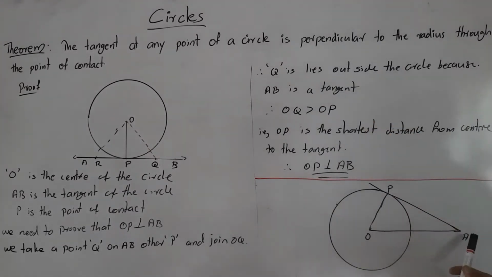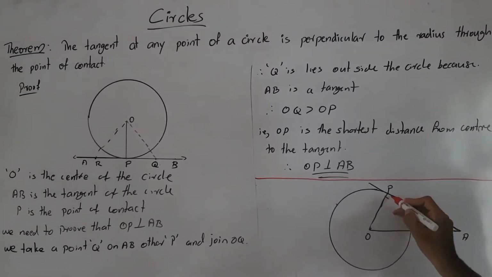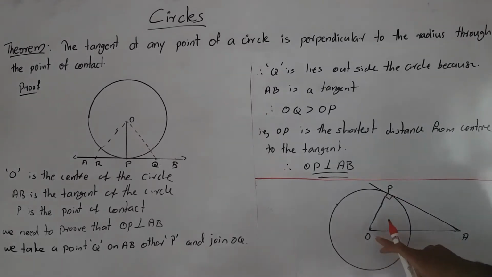What is that? The tangent drawn from the external point to the circle is perpendicular to the radius drawn through the point of contact. That means AP is perpendicular to OP. And OA is the distance from the center to that external point.